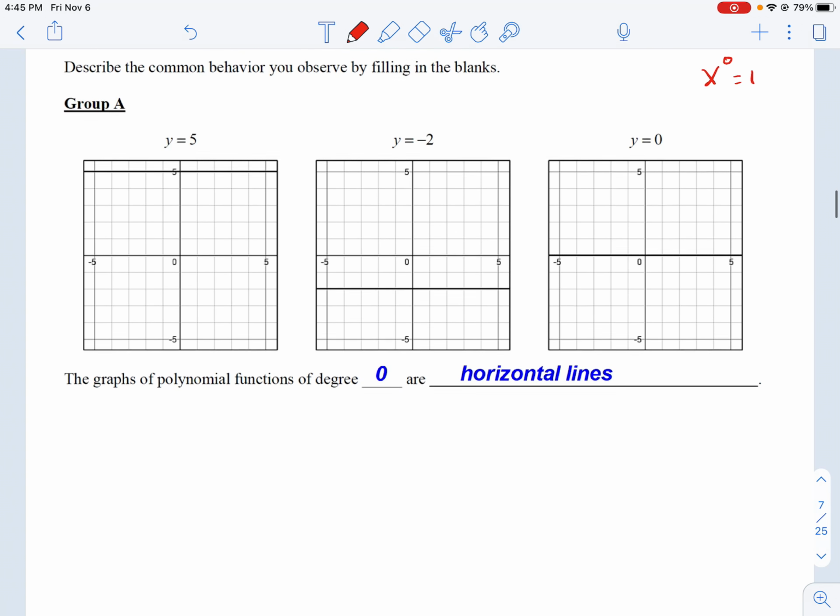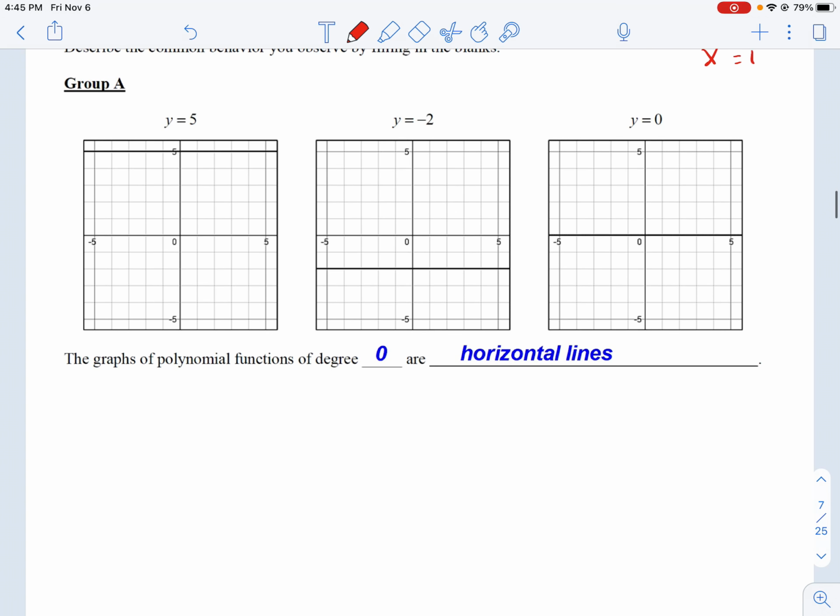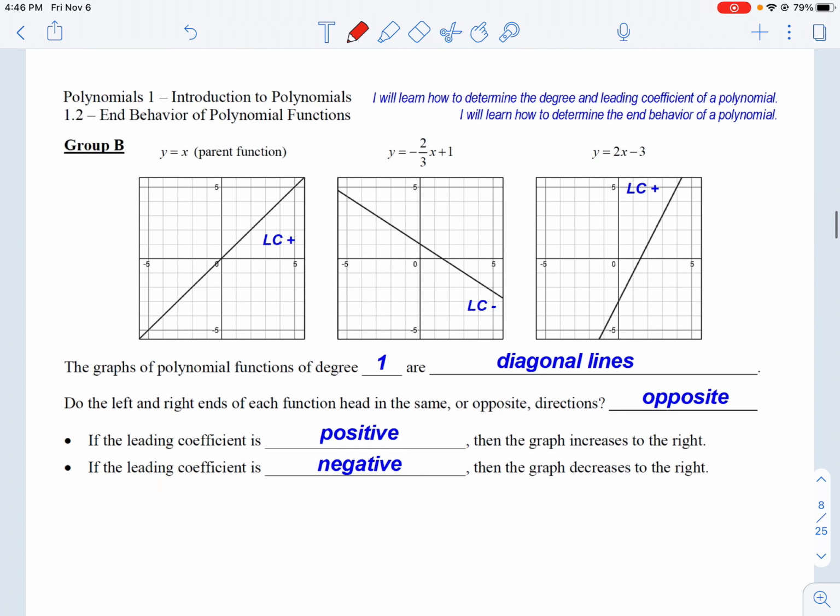So the graphs of a polynomial function of degree 0 are called horizontal lines. The graph is right here, and then the graph is right here. And then for here, of course, y is equal to 0. The graph is the x-axis. And these are called horizontal lines. And we are so familiar with that.